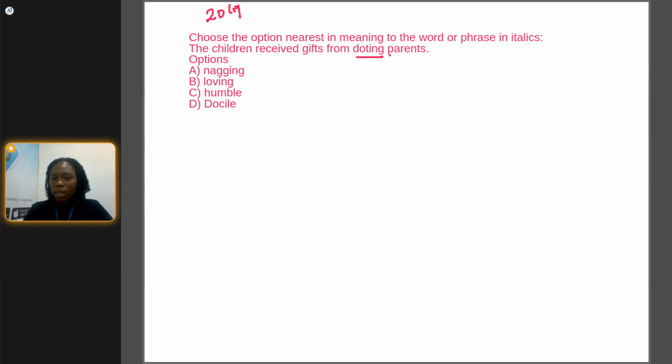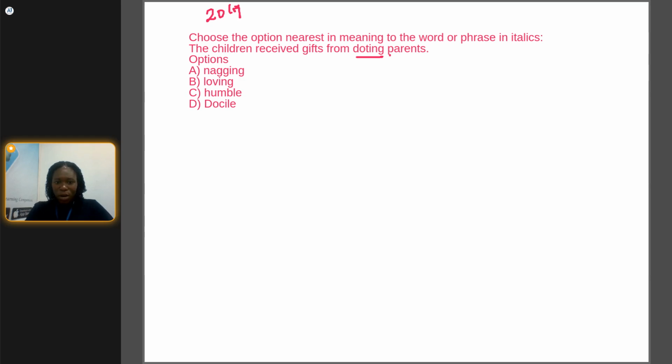You move to the next one. The children receive gifts from docile parents. Does it fit? Docile means quiet and obedient, but not affectionate. So children received gifts from quiet and obedient parents. Does it really fit, as against the one option that we have seen that actually makes sense? The children receive gifts from loving parents.